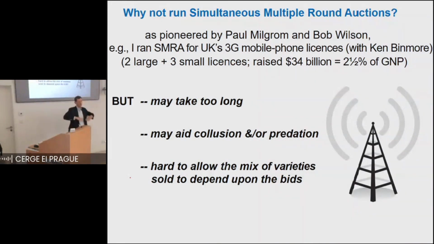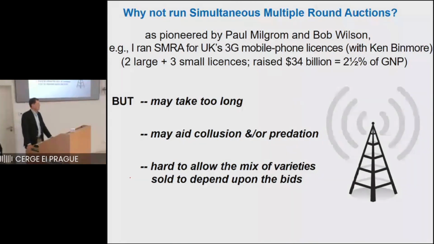So we have round after round after round in which people are bidding, but you can keep on bidding until no one wants to bid again on anything. That's the rough idea. And so in the UK, we had 150 rounds until the bidding stopped finally on all the objects and the auction closed. That's one problem with this kind of auction.